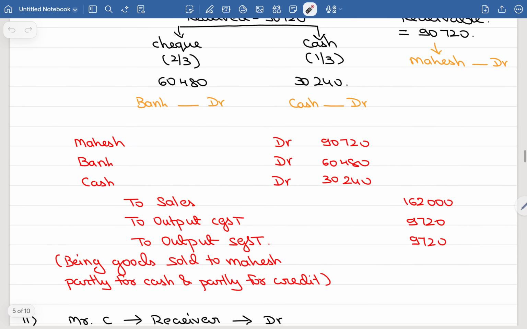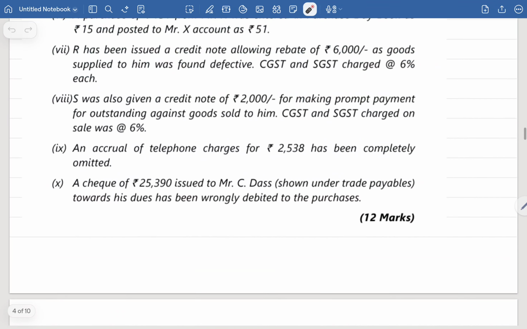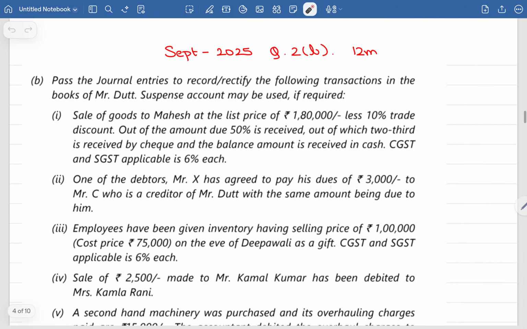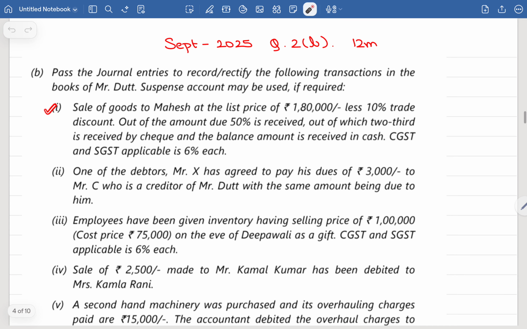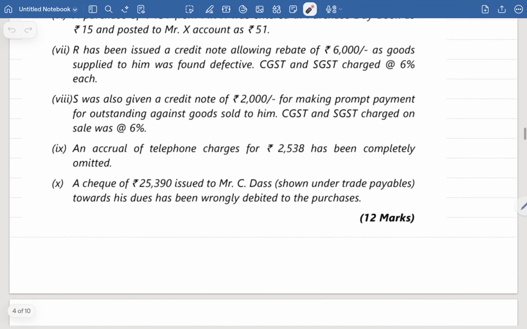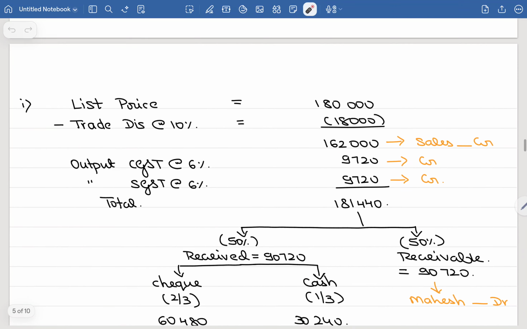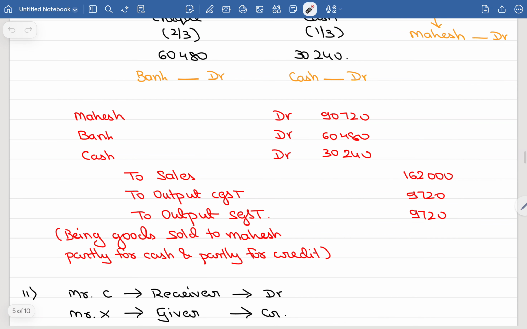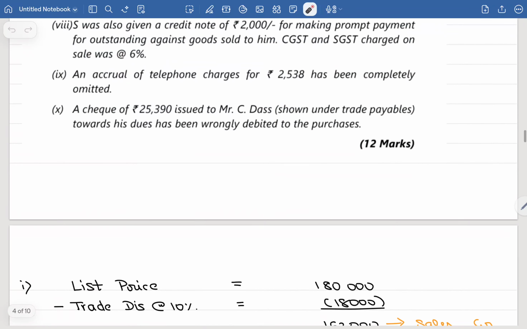This is the important journal entry for your entry number 1. So I hope this is clear. This was the most important journal entry in this question. Point number 1. This is the working note which you have to write, and after this working note you can write this journal entry in the journal format in your exam.